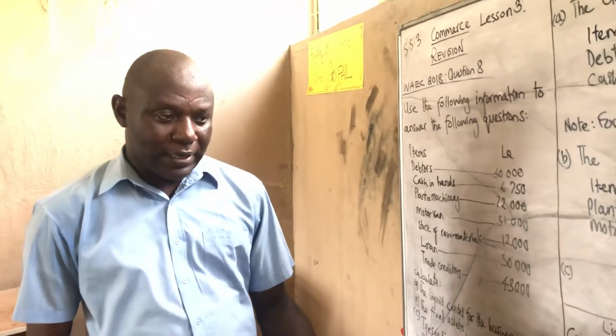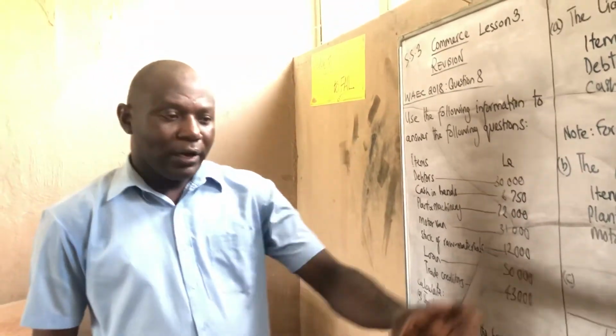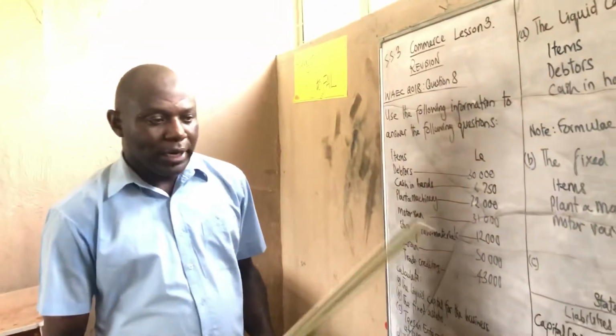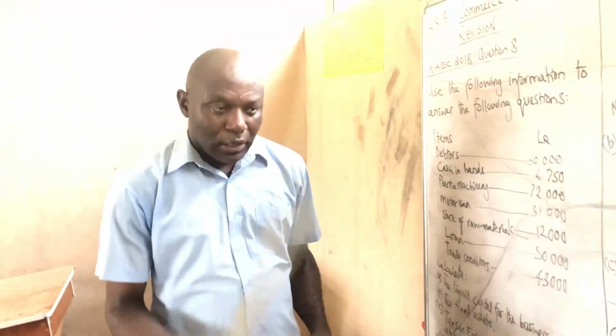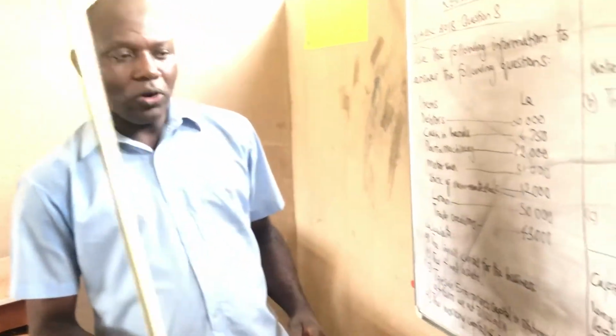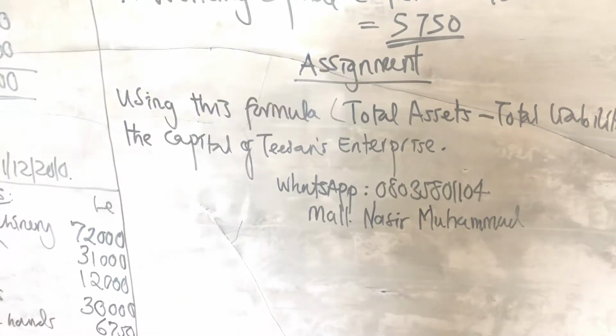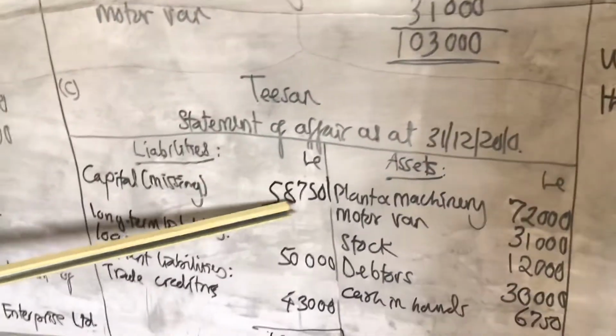Arrange or identify the items of total assets and sum them up, and identify the items of total liability and sum them up. Remember, total liability is always long-term liability plus current liability. Definitely, if your answers are correct, you should arrive at the same capital, 58,750.